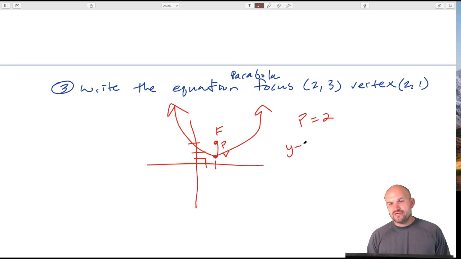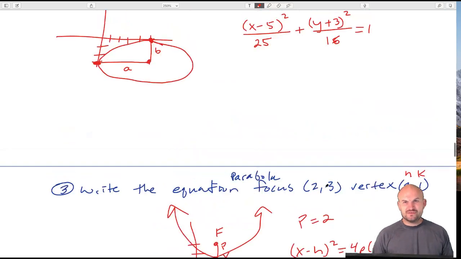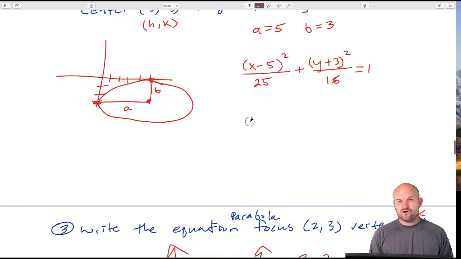So our general formula is Y minus K squared equals 4P times, oops, sorry, that's the other equation. So it's opening up, so this is X minus H squared equals 4P times Y minus K. Again, your vertex is your H and your K, just like in the last example. And actually, let me just write down this last one. Here's the formula where I got this.